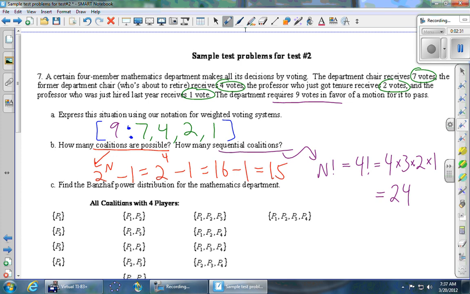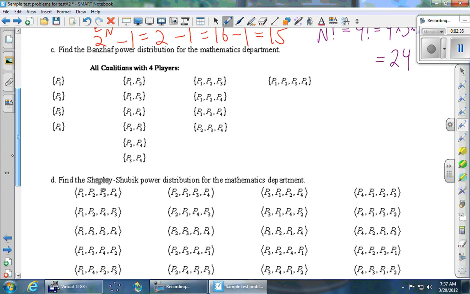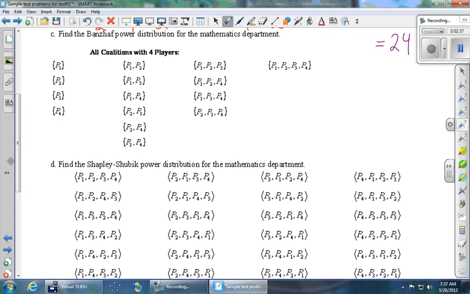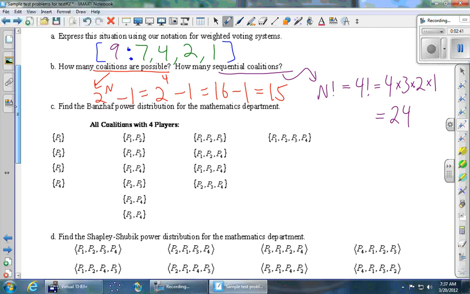And I just want to point out that we actually can see those 2 numbers. Just kind of looking ahead, I've copied and pasted some stuff from the first page of your packet. But I just want to highlight that, for example, this 15, that's the number of coalitions of any groups of players. You'll find them here.